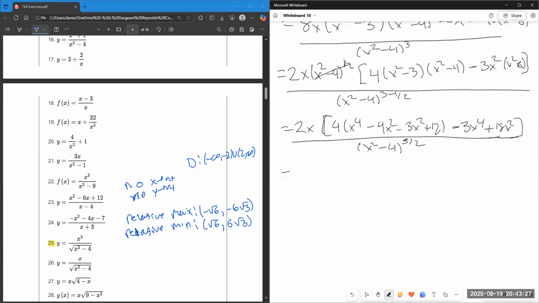That is 2x times 4x to the 4th minus 16.